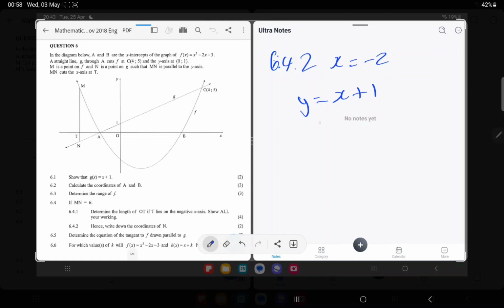We replace x with minus 2, so minus 2 plus 1. Minus 2 plus 1 is going to give us minus 1. Therefore, the coordinate of N, simple, is going to be minus 2, minus 1. And it makes sense because, as you can see, N also lies below the x-axis. So there, it's going to be minus 1.